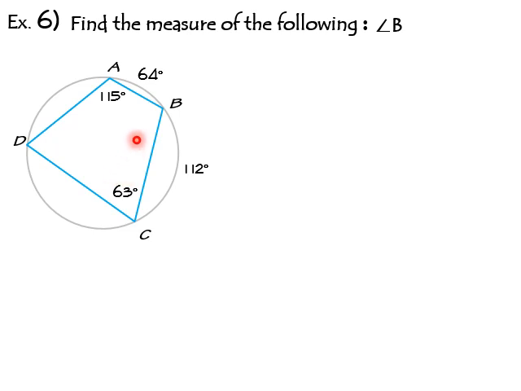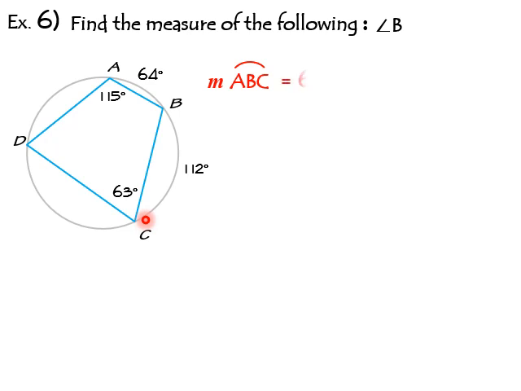What I know is that if I add these two together, it will equal the arc intercepted by angle D. So let's go ahead and do that. We're going to take the arc addition postulate, and add these two arcs together to give us ABC.